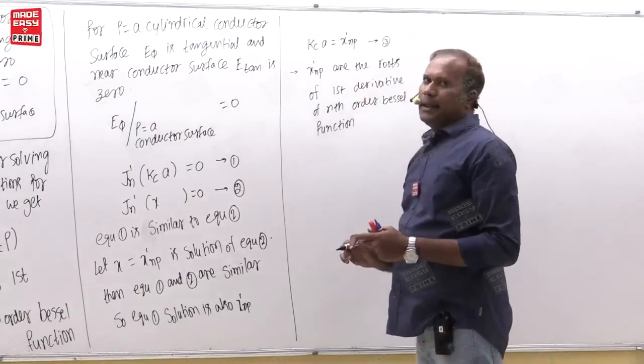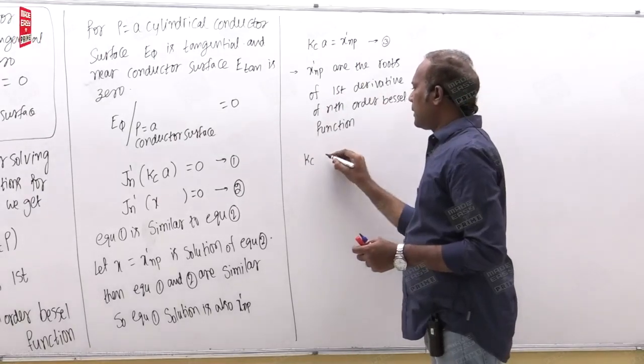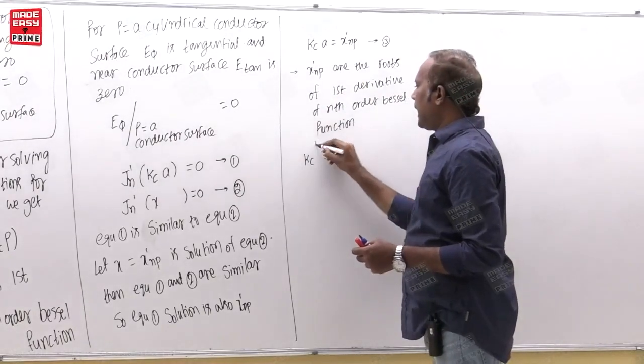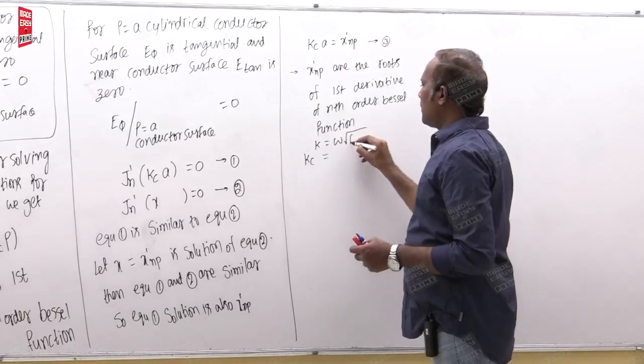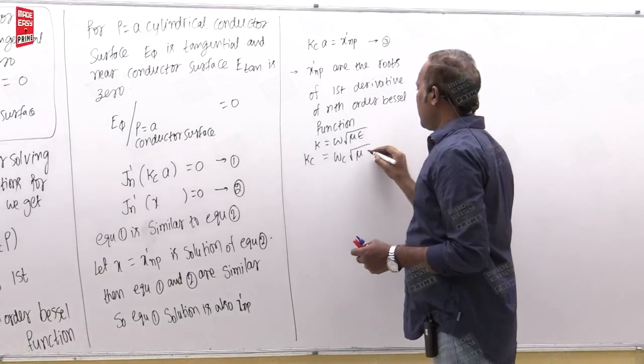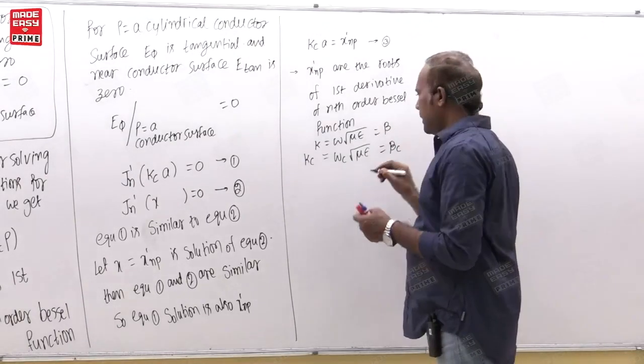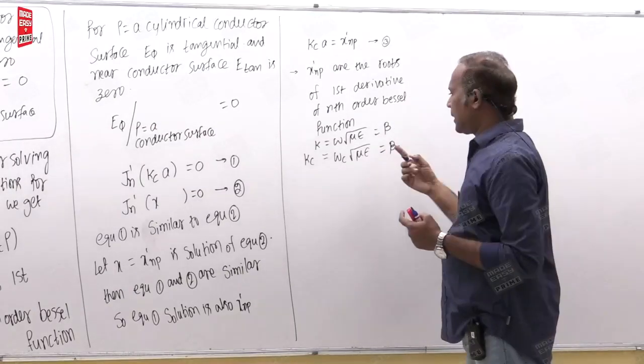Here dear students, it is like this. This kc is nothing but, k is omega root mu epsilon. Kc means omega c root mu epsilon. That is nothing but beta, so this is nothing but beta c. In some books, k is named as beta.